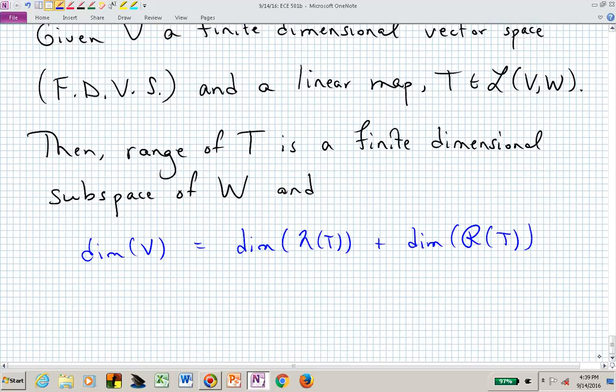And it's interesting to note that this is our input vector space, or the domain, this null space of T is a subspace, where does it live?